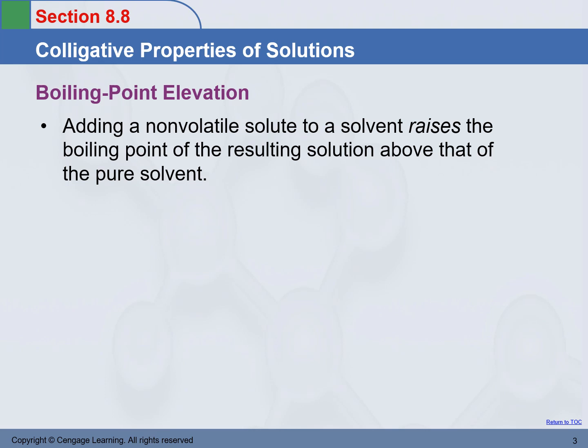Why? Because boiling point is the temperature needed to bring the vapor pressure to the external pressure. If the vapor pressure is lower, now you need a higher temperature to bring it up to the external pressure. That's why the boiling point of a solution will be higher, because its vapor pressure is lower than the pure solvent.